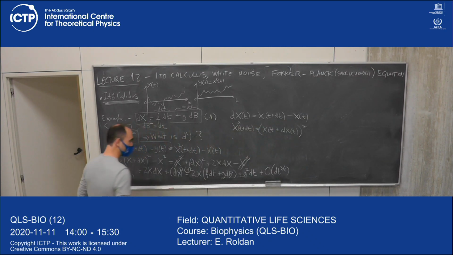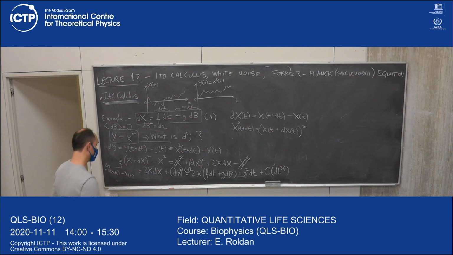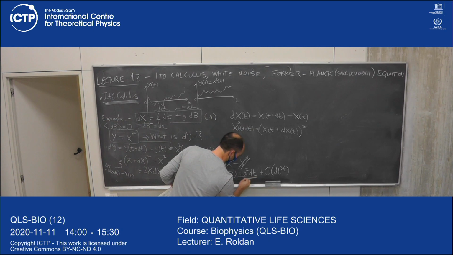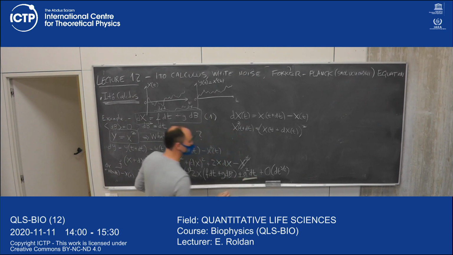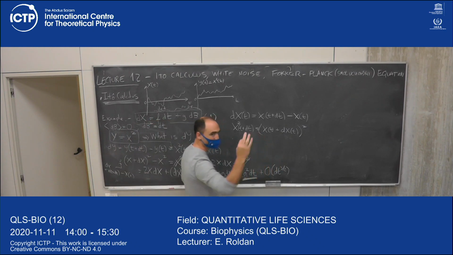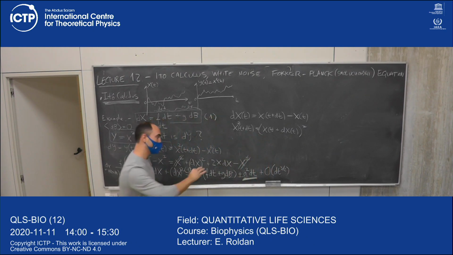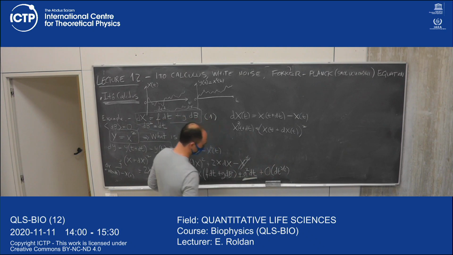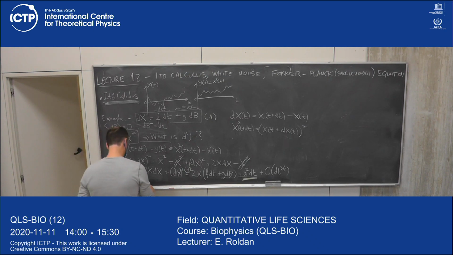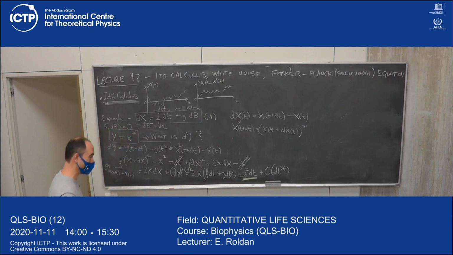So now this term here becomes very, very important. This is of the order dt, and the rest that we neglect is higher order. Those higher orders we neglect, but this one we have to keep. Remember, this is Itô.